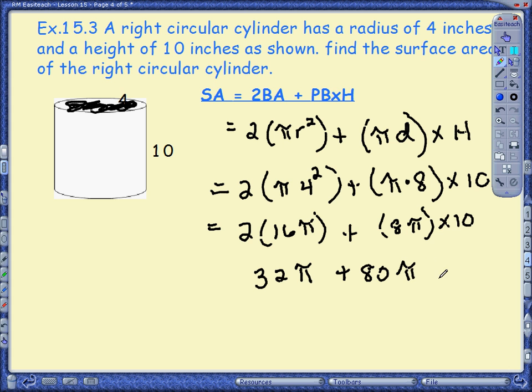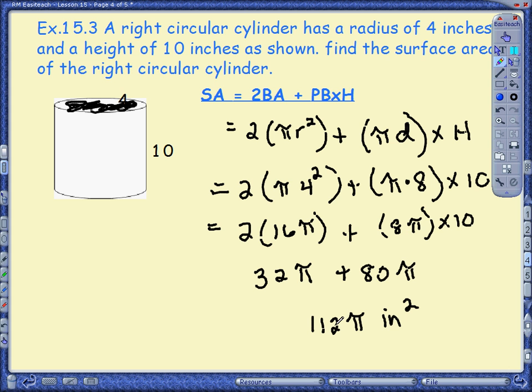And this would be then 80 pi for the lateral surface area, we call it, around the outside of that right circular cylinder. We add these two together and we get 112 pi inches squared.